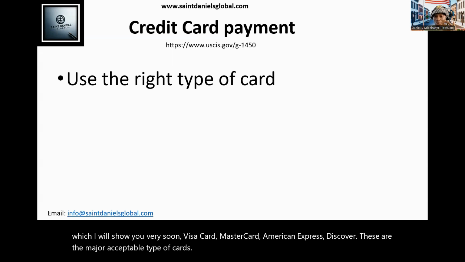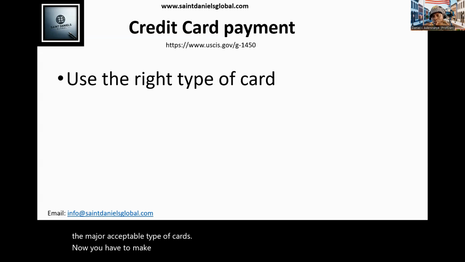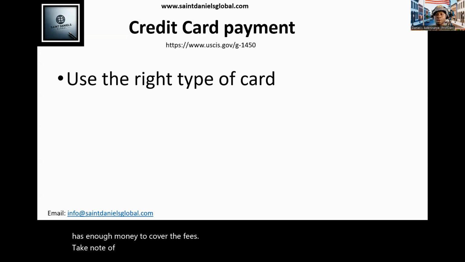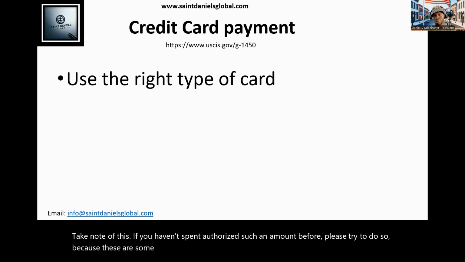Now, you have to make sure that the card you are using has enough money to cover the fees. Take note of this. If you haven't spent or authorized such an amount before, please try to do so. Because these are some of the unfortunate things that happen.